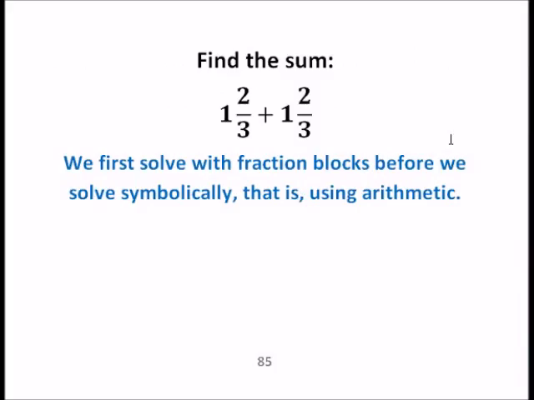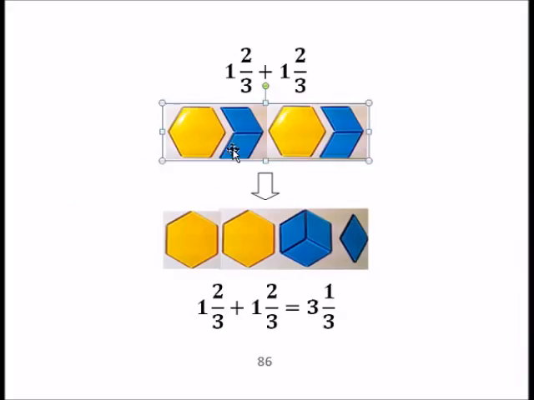So, for example, here we're adding two mixed fractions. Solve with the fraction blocks. So we ask the students to take out their fraction blocks. One yellow block and two blue blocks added to, okay, so here we go. 1 2/3 plus 1 2/3, and we notice that we can form an additional whole here.